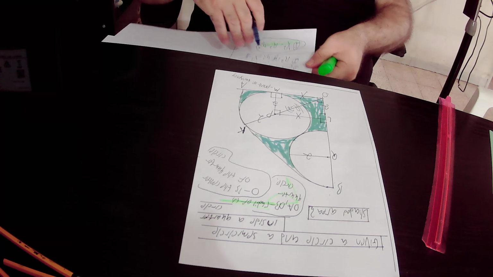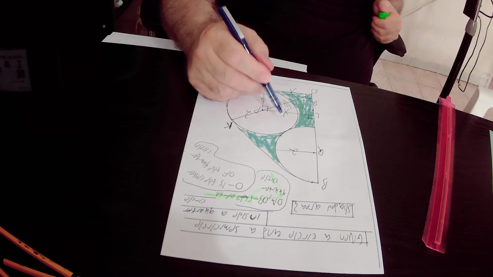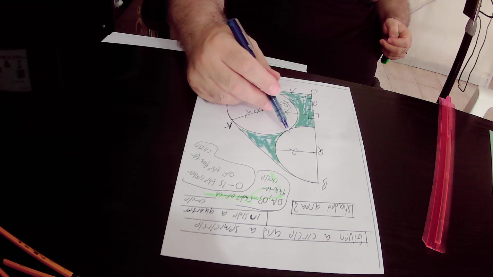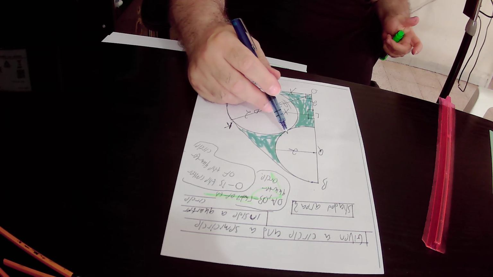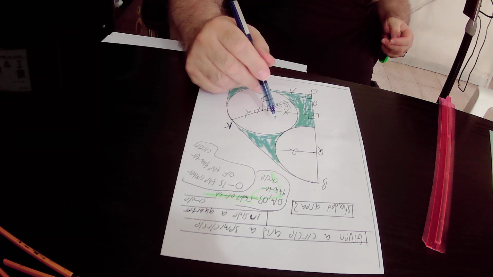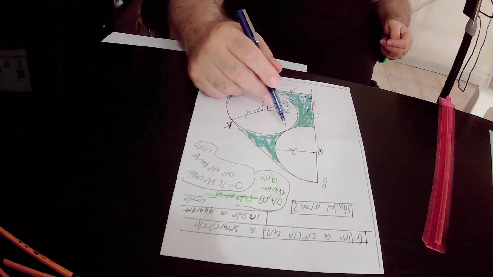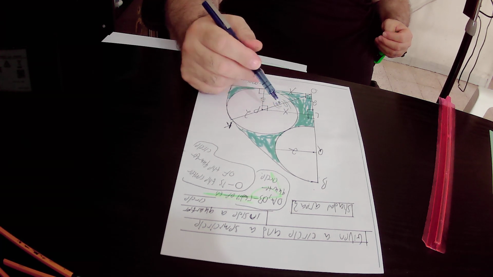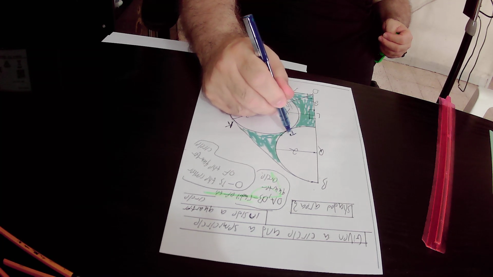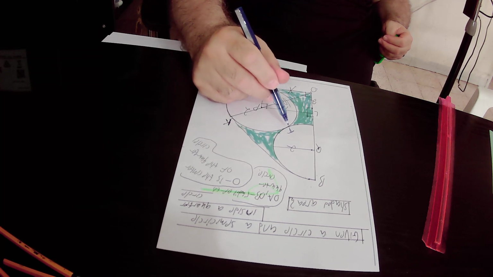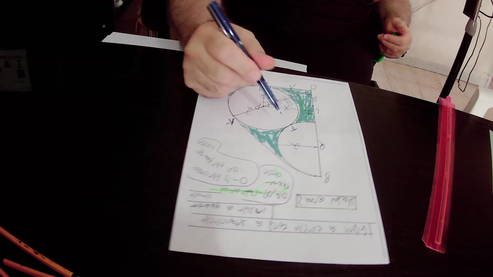In the next step, we'll focus on this point, that is the touching point between the semicircle and the circle, or the point of tangency between the circle and the semicircle. We'll define the touching point between those two circular shapes as point T. Again, point T is the touching point between the circle and the semicircle.